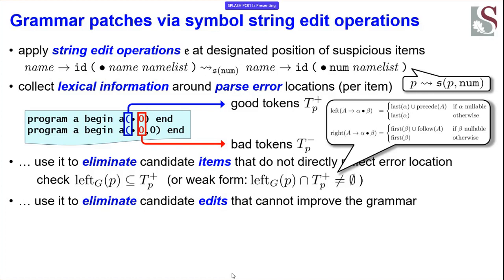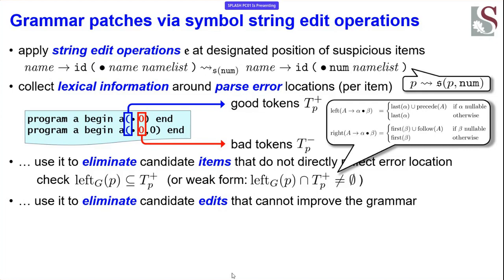But what we're doing here is we're just looking at the error output and analyzing the location, and saying, okay, this is the last token that has been successfully consumed, and this is the token that has triggered the actual error. And then we use these pairs or sets of good tokens and bad tokens to see whether the error could have been achieved by using that rule.